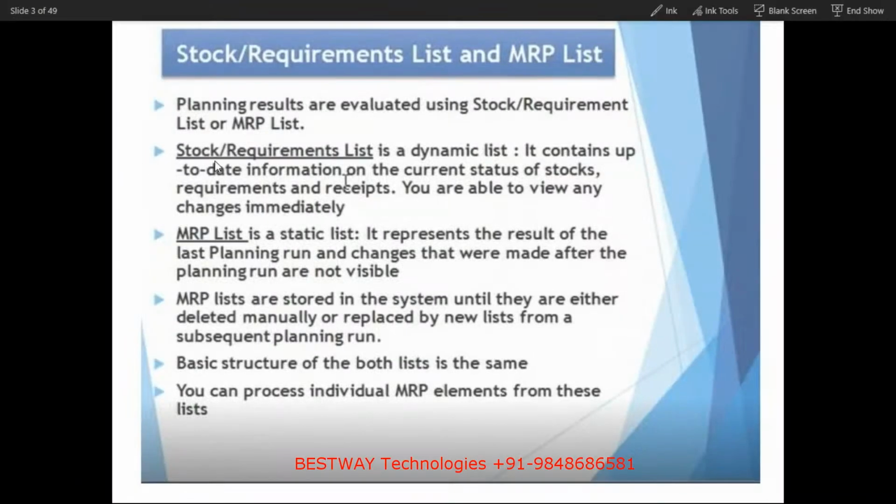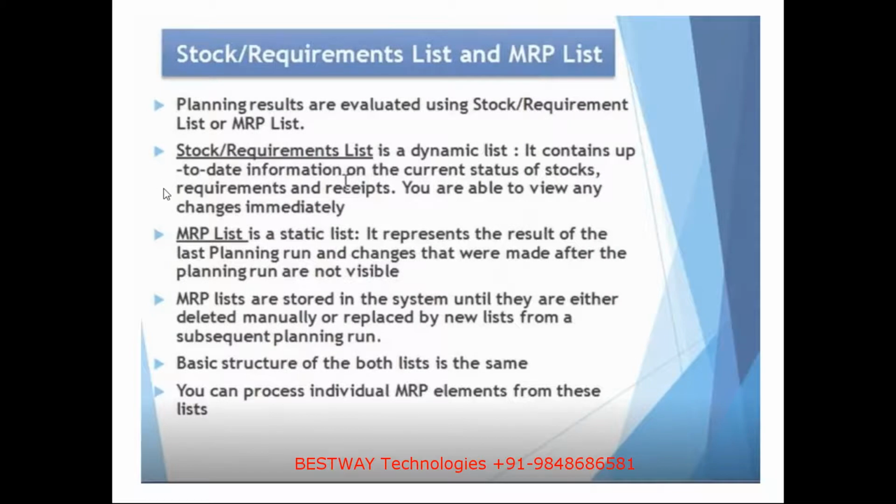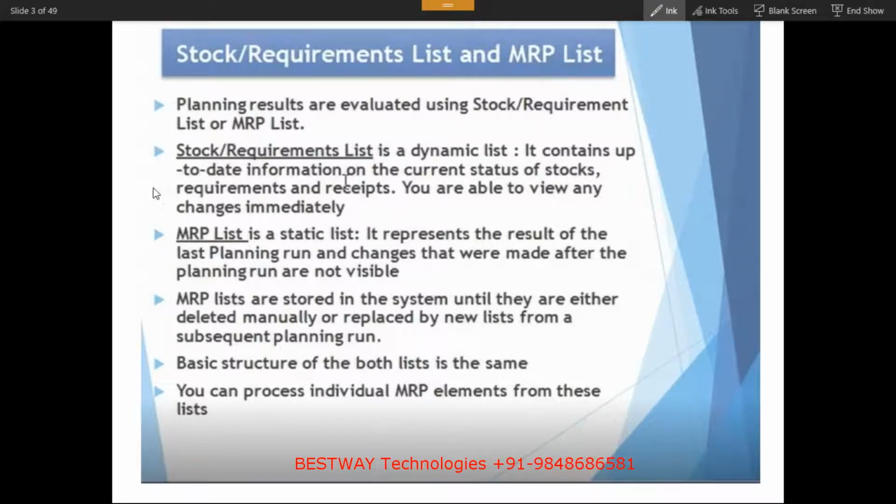So we see what the stock requirement list and the MRP list are. The stock requirement list shows any changes you make after the MRP, and those changes are visible in the stock requirement list.